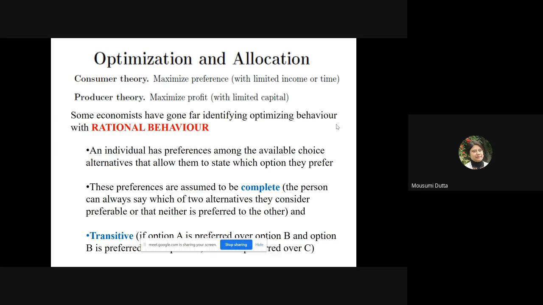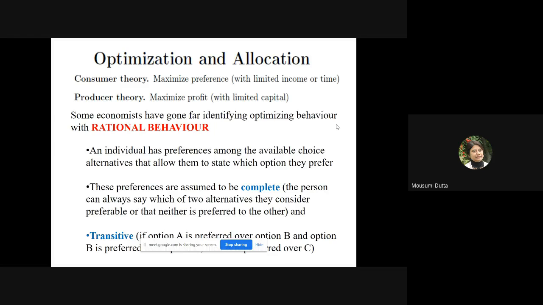Optimization means that you have alternatives, and from the bunch of alternatives you select the best. These preferences are assumed to be complete. I'm emphasizing the term complete.